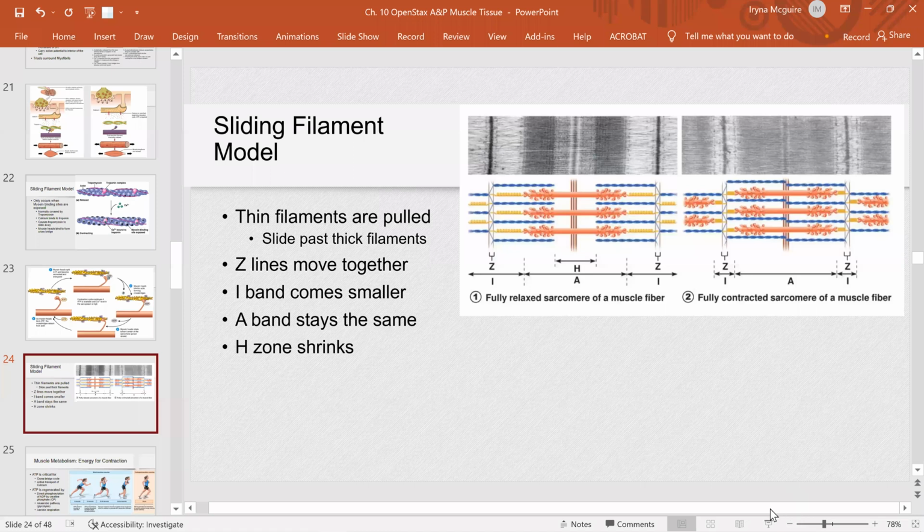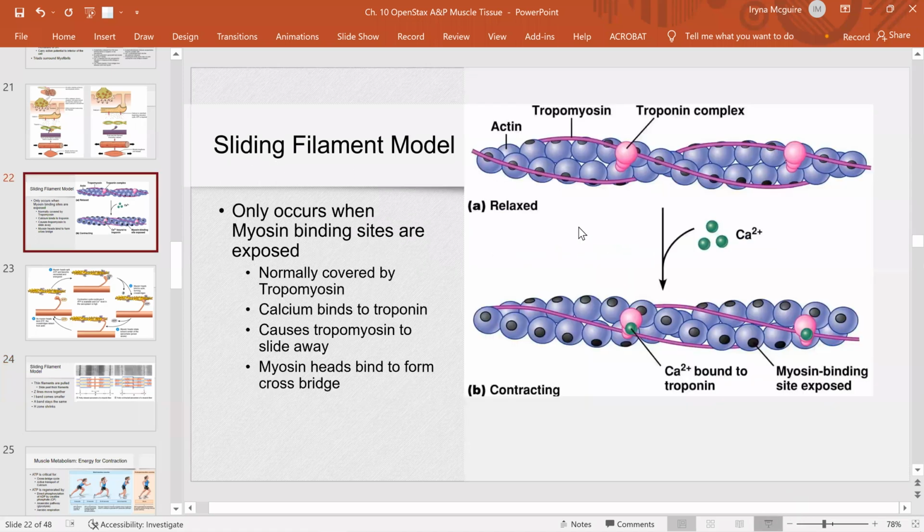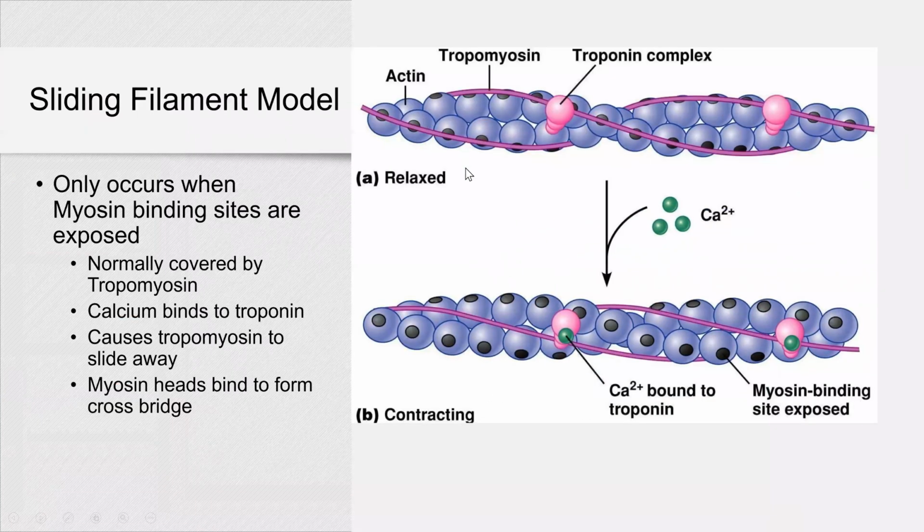So this is your actin, right? Now actin has these units that show here, these nice round structures. And this was shown as a dark spot here. This is the myosin binding site, right? So here's a myosin binding site.